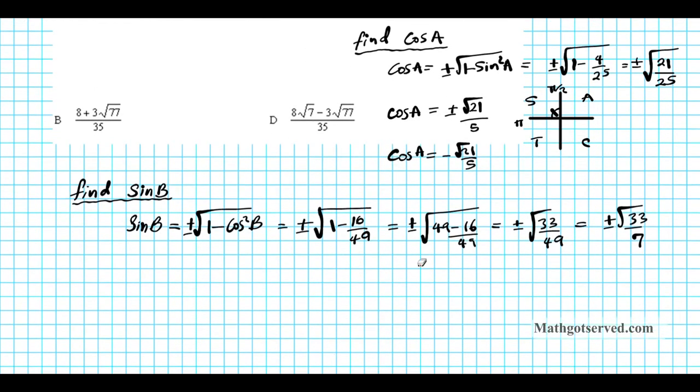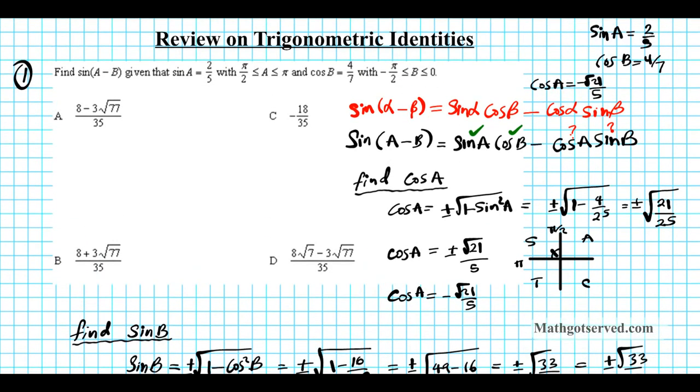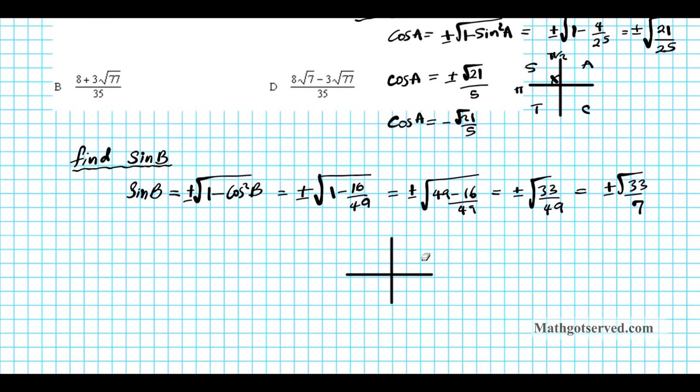To answer that, we just have to determine what quadrant this angle lies in. Angle B is between negative pi over 2 and 0. Negative angles are determined by rotating clockwise. So this is negative pi over 2, and this is 0. This is where our angle resides.